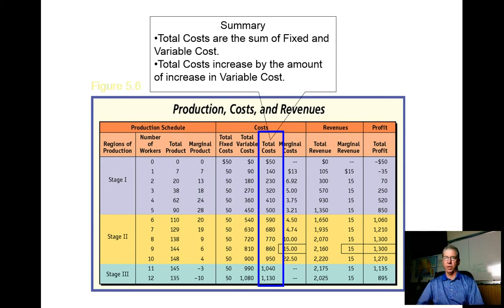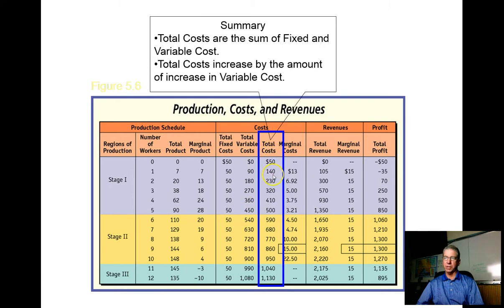And so to summarize, total costs are the sum of fixed costs plus variable costs. Now, the last thing that is real important to notice here is that total costs increase by the amount of increase in variable costs. We'll repeat that one more time. It's important.